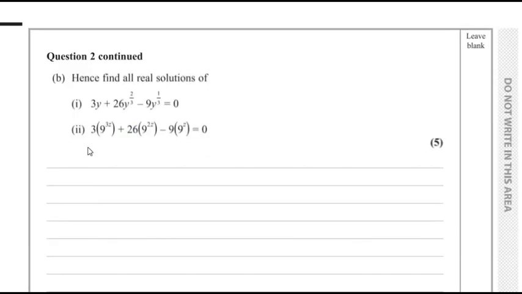Now the question says, hence find all real solutions of 3y plus 26y to the power of 2 over 3 minus 9y to the power of 1 over 3 equal to 0. Now to solve these kinds of examples, we already had f of x given as ax cube plus 6a plus 8 x square minus a square x in part A of this question.